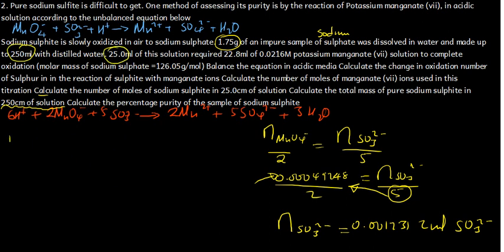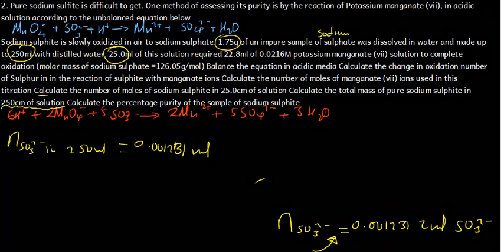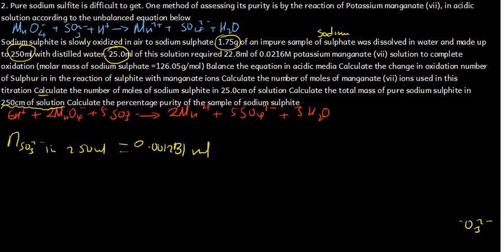Okay, now to determine the number of moles of sulfite in 250 milliliters, what we'll do is we are going to just get the number of moles which you've already calculated. These are the moles, remember, in 25 milliliters. So the moles in 25 milliliters, we are going to multiply them. Since we have calculated the number of moles in 25 milliliters, how many 25 milliliters are in 250 milliliters?